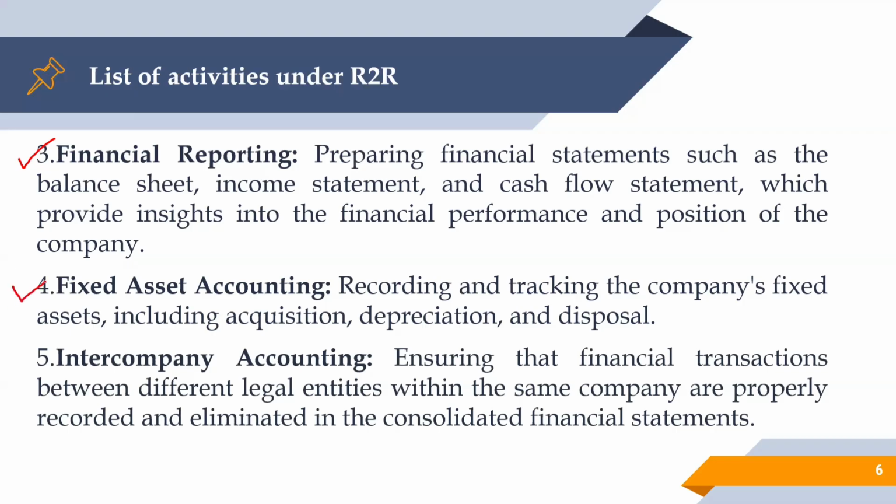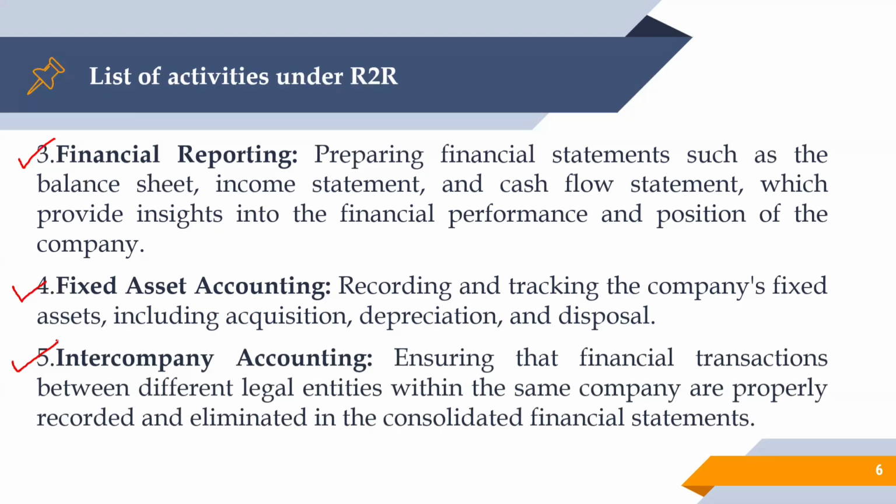We ensure the fixed assets accounting as well. Once we are done with everything, then we jump towards intercompany accounting, and we have to ensure that all the intercompany balances match with our books of account, and we have to perform the consolidated MIS.